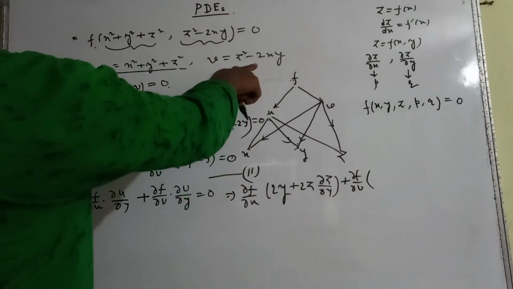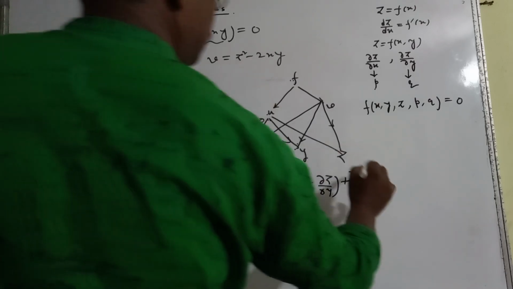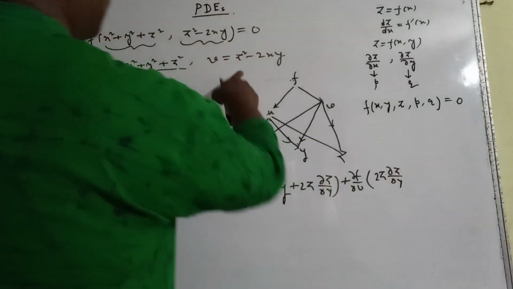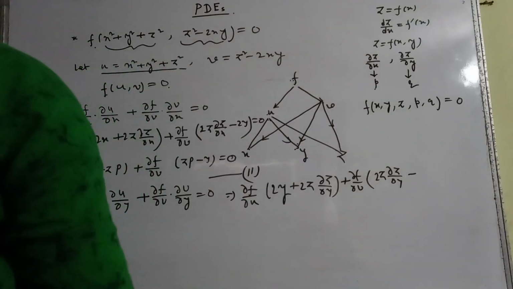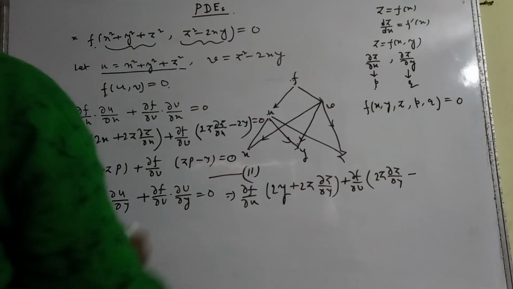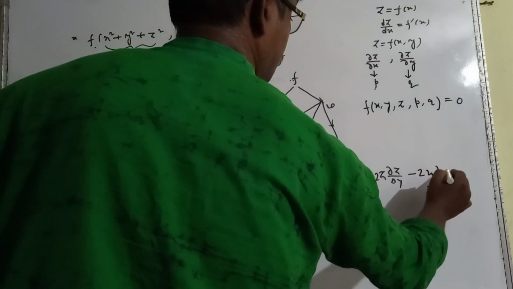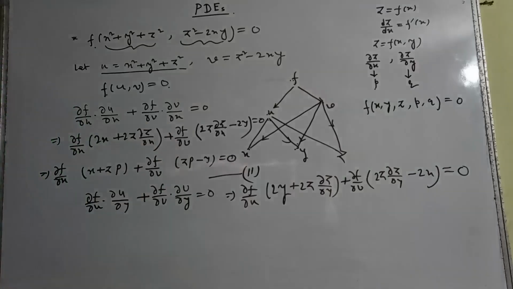And del v del y with respect to y means 2z del z del y minus 2x y; with respect to y, 2x is constant, the derivative of y is 1, so equal to 0.